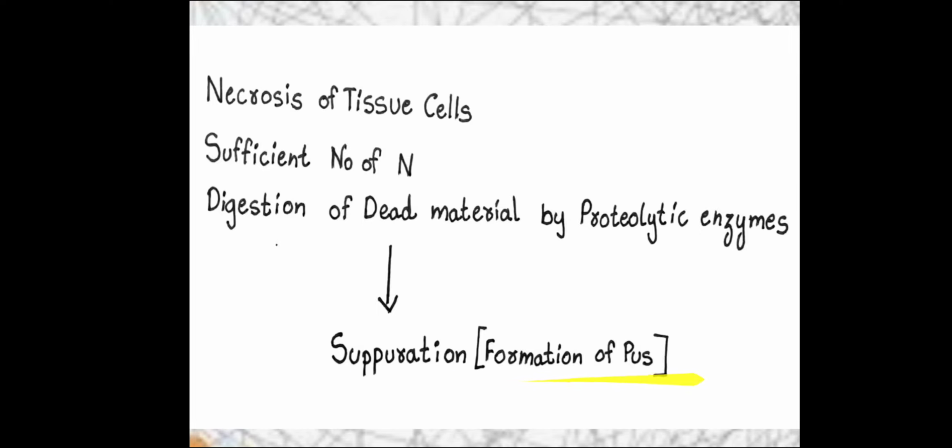Suppuration. Suppuration means formation of pus. The formation of pus would be a result of liquefaction of dead tissue. So, the requisites which are necessary for suppuration are necrosis of tissue cells, because it results from the liquefaction of dead tissue, a sufficient number of polymorphs which kill the cells, bacterial cells, and digestion of the dead material by proteolytic enzymes.